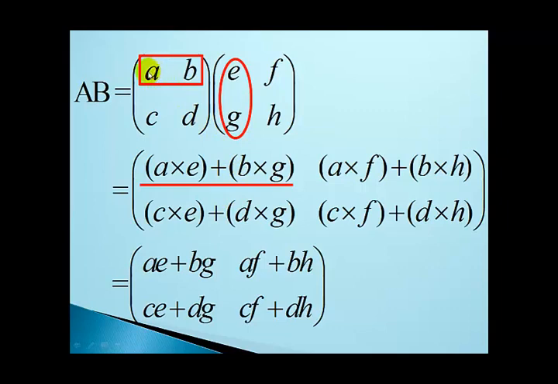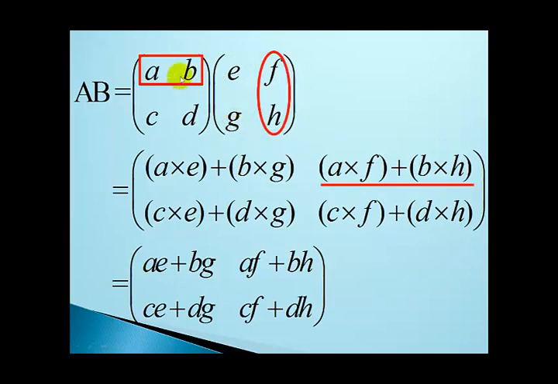the first row of the first matrix multiplies the first column of the second matrix. And so a times e plus b times g.